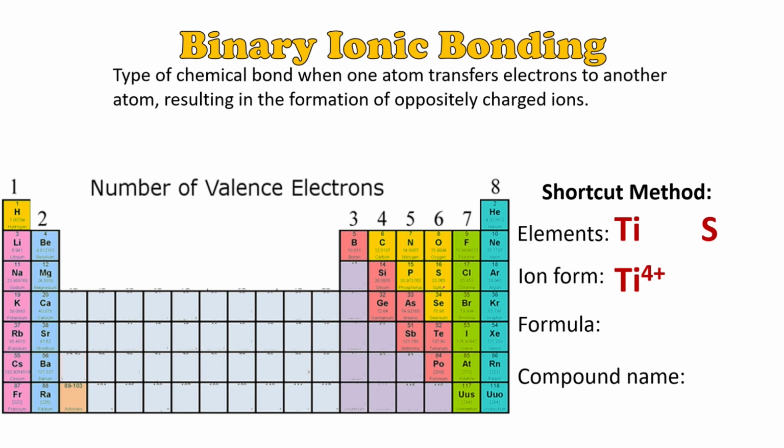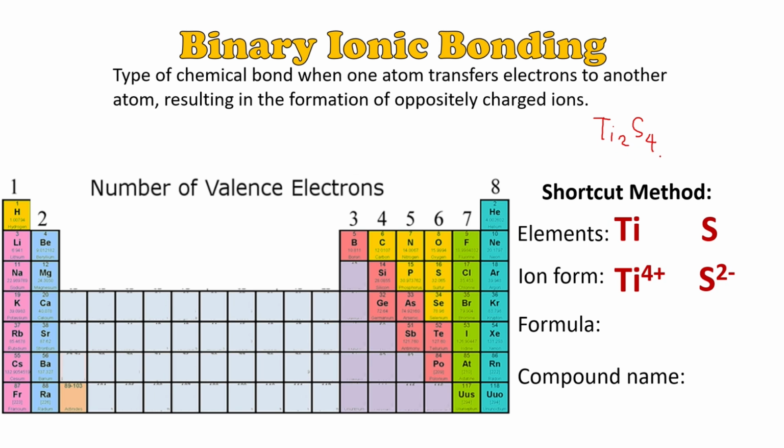So sulfur is 2 negative. Now, if we do the crisscross, it will give us Ti2 and then S4, right? 2 goes down to Ti and 4 goes down to S.